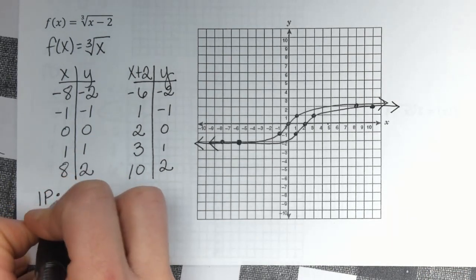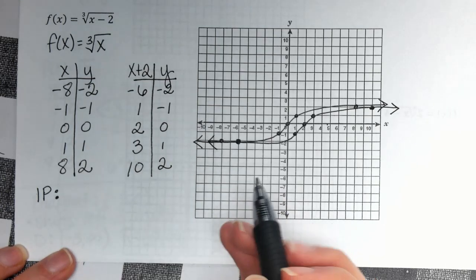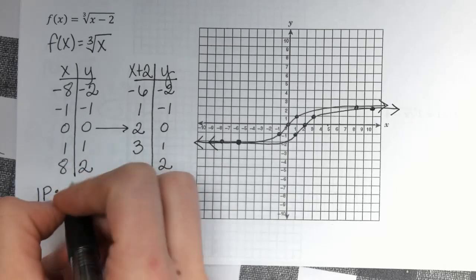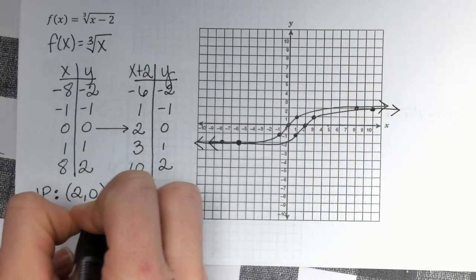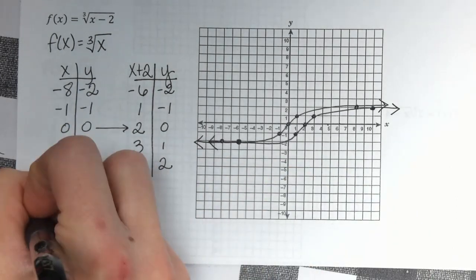So once you graph that, we now have to state our new inflection point. Okay, so if our parent function inflection point was (0, 0), that became (2, 0). The middle of your table, which is the middle of your graph. Okay, what was my transformation?